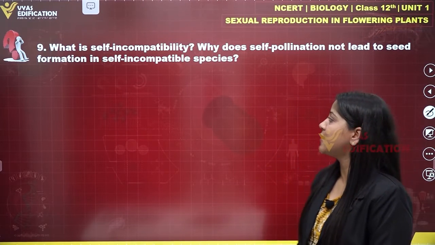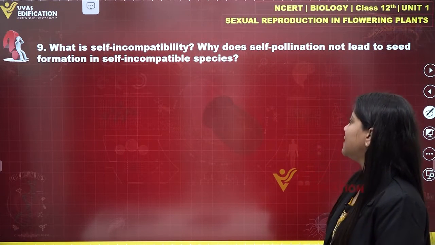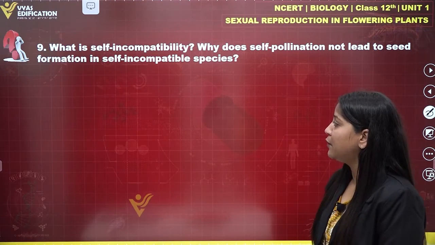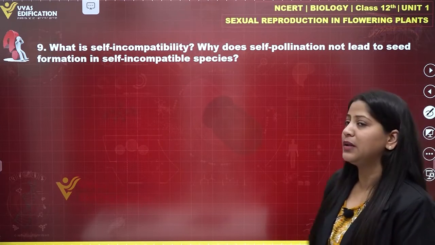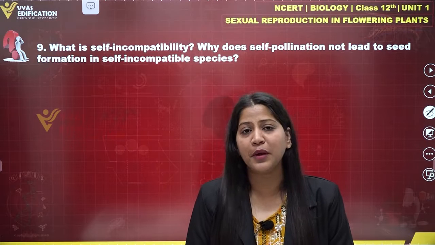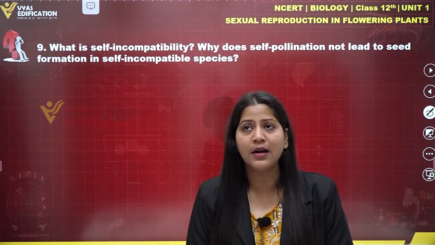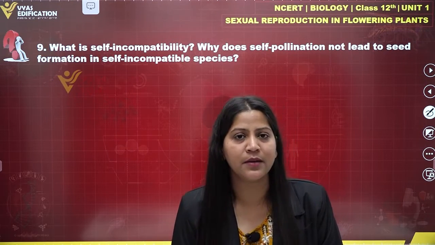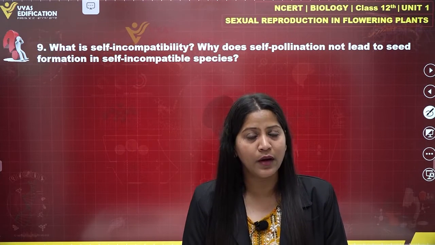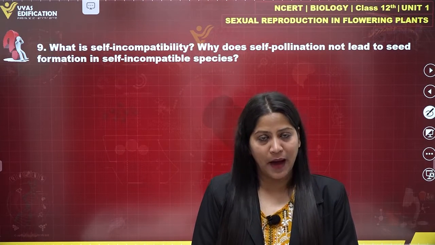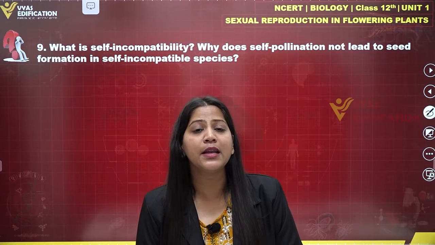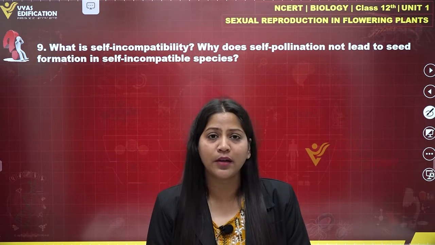Now let's talk about the second part of this question, that is, why does self-pollination not lead to seed formation in self-incompatible species? We have various reasons behind this. Since we know that male gamete is unable to fertilize the female gamete of the same flower, due to this incompatibility, seed formation in the same flower is inhibited or does not occur.